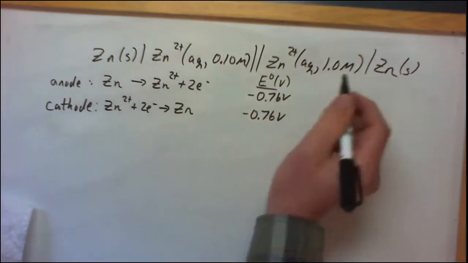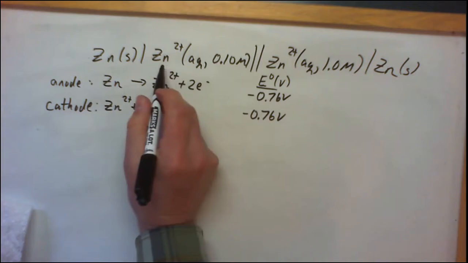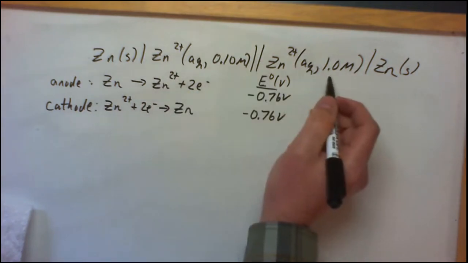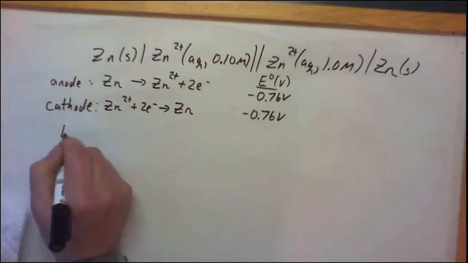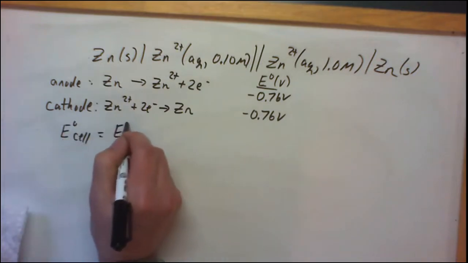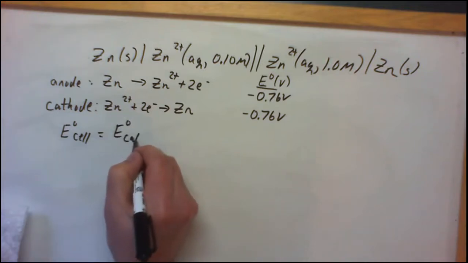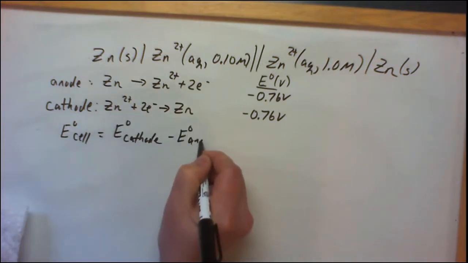So to calculate the cell potential in these non-standard conditions, 0.1 molar zinc 2+ ion concentration at the anode and 1 molar at the cathode, we have to first calculate the standard cell potential. That's equal to the electrode potential of the cathode minus the electrode potential of the anode.